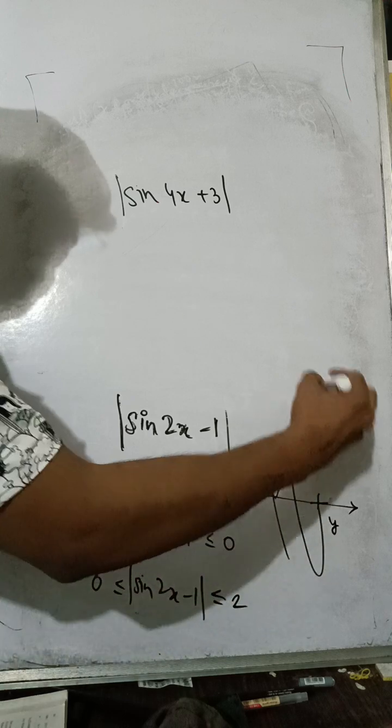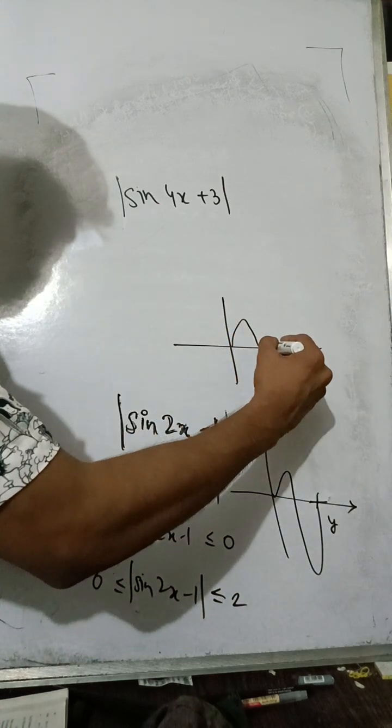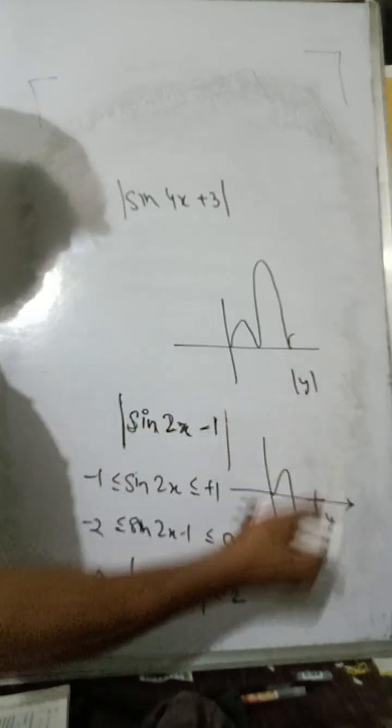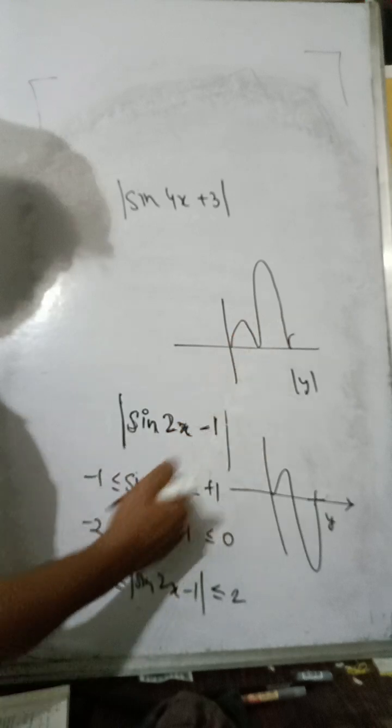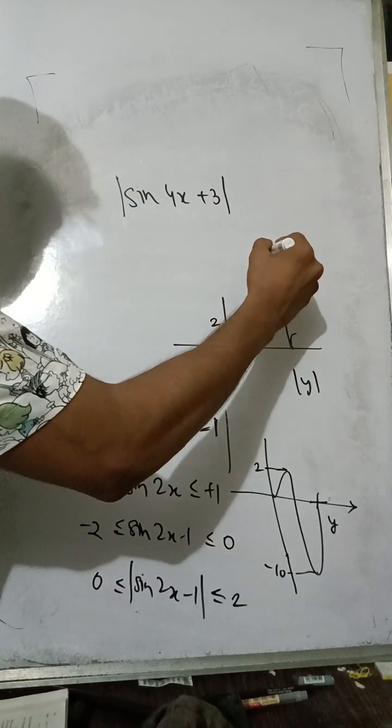If this is y, how will mod y look? Mod y will look something like this. This is mod y. Suppose this is 2 and this is minus 10. So this will become 2 and this will become 10.